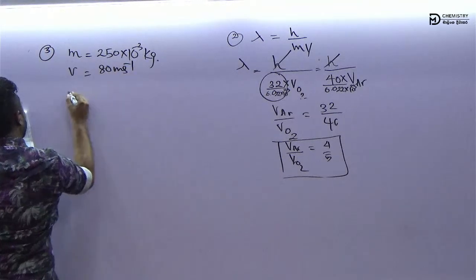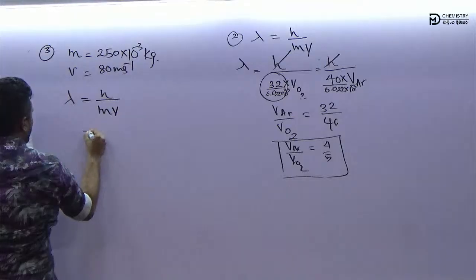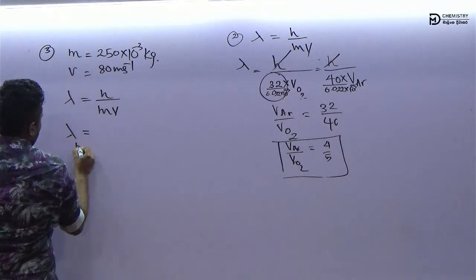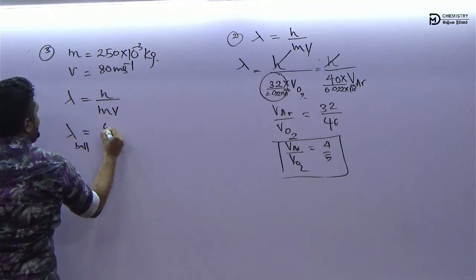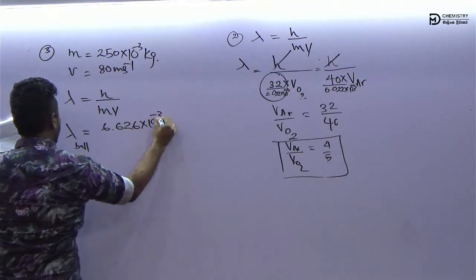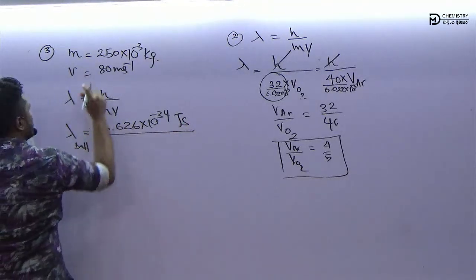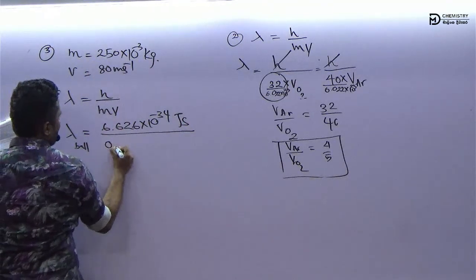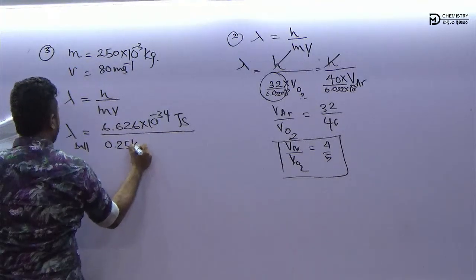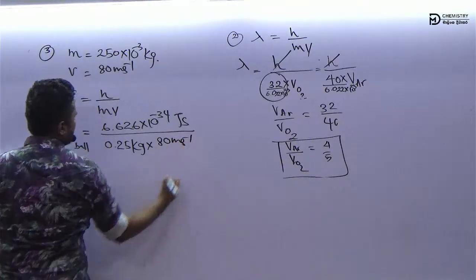In the third question, it's really easy. I asked you to calculate the de Broglie wavelength of the ball. The Planck constant is 6.626 into 10 to the power minus 34 joule second. The mass of the ball is 0.25 kilogram, and the velocity is 80 meter per second.